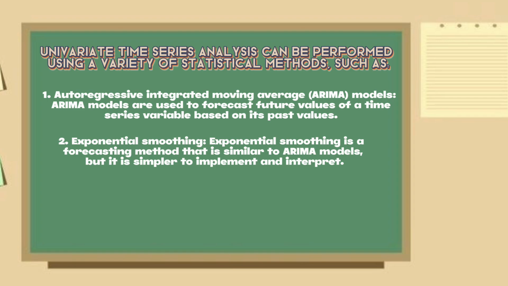This method is useful when predicting future values based on historical data that may exhibit trends and seasonality. The primary goal of exponential smoothing is to make forecasts by smoothing out the noise from the time series data.